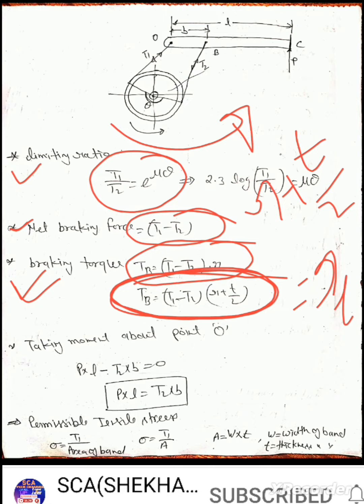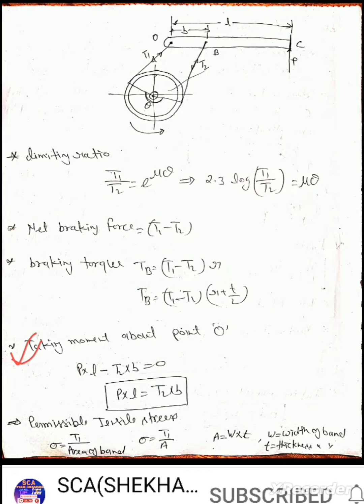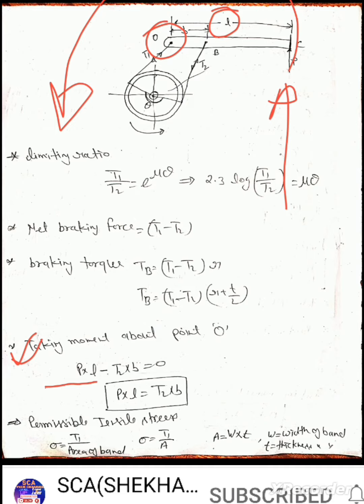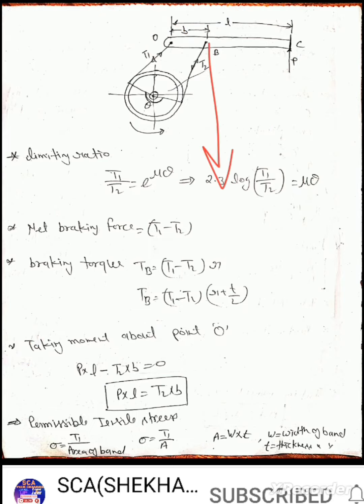Now it differs from the previous case here, taking moment about point O. P into L makes an anti-clockwise couple, and the second couple is T2 into B, which makes a clockwise couple. So the two couples generated are P into L, anti-clockwise, and T2 into B, clockwise.